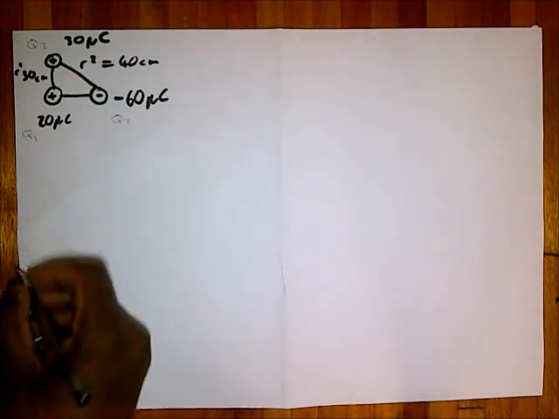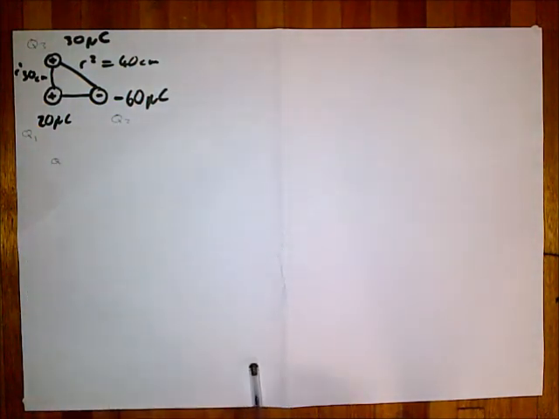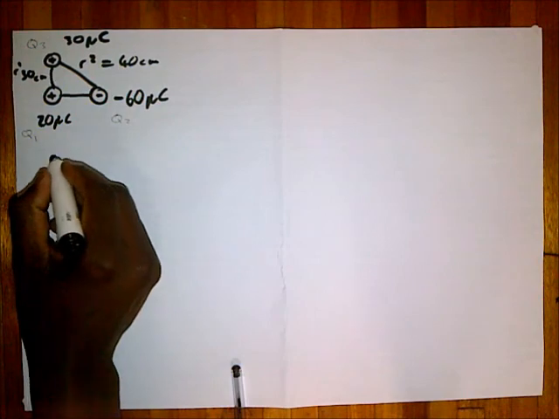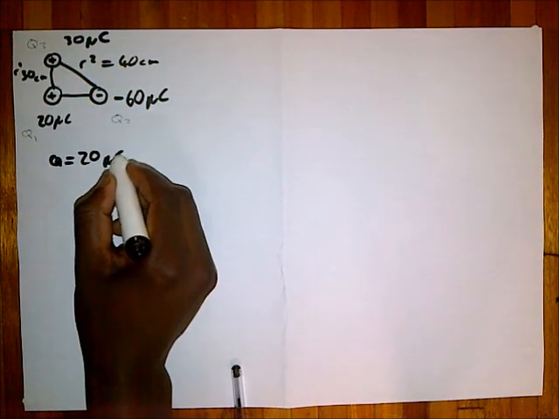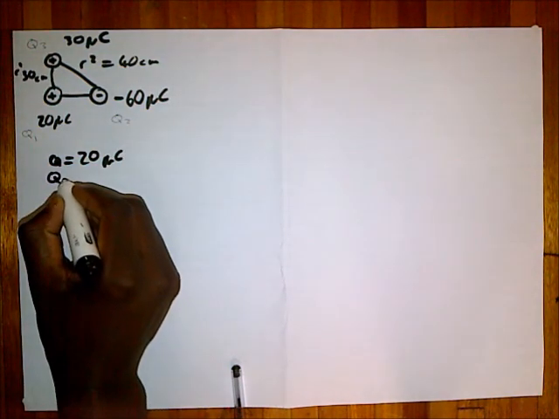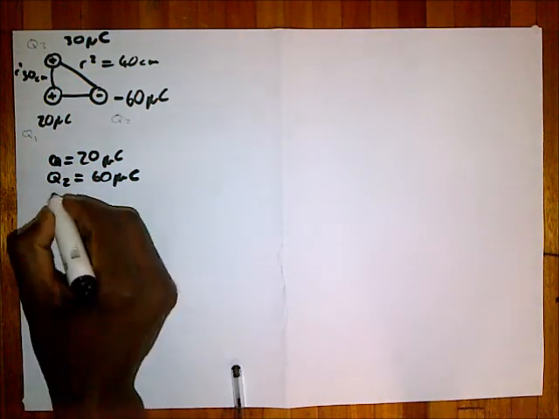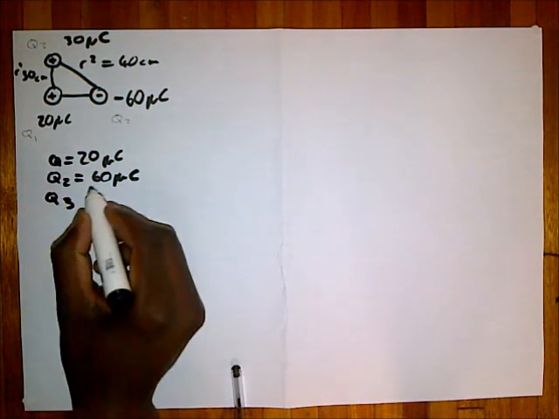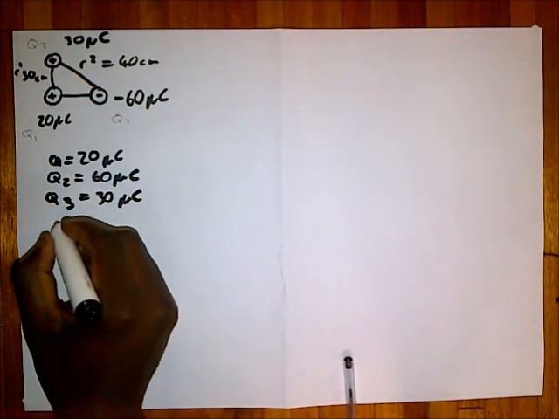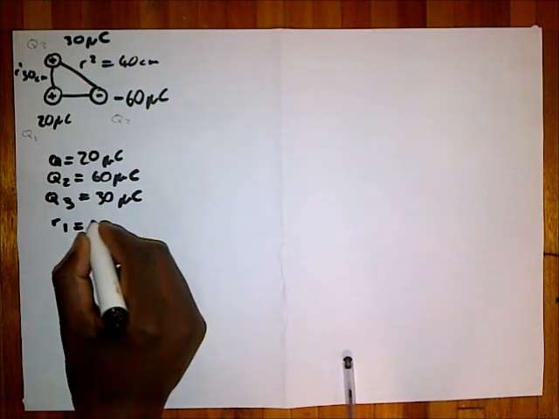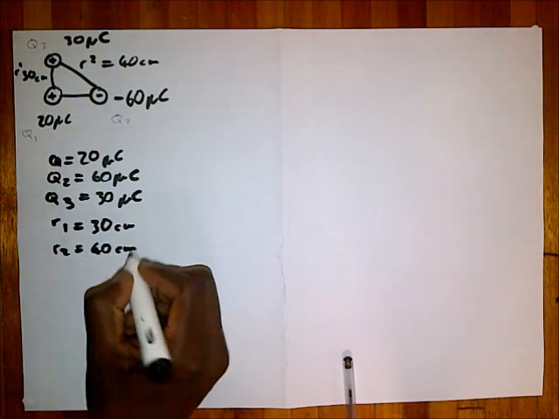So first of all, we want to list our given values, which is Q1 being 20 microcoulombs, Q2 being 60 microcoulombs, Q3 being 30 microcoulombs, and then given distances R1, which is 30 centimeters, R2 40 centimeters.